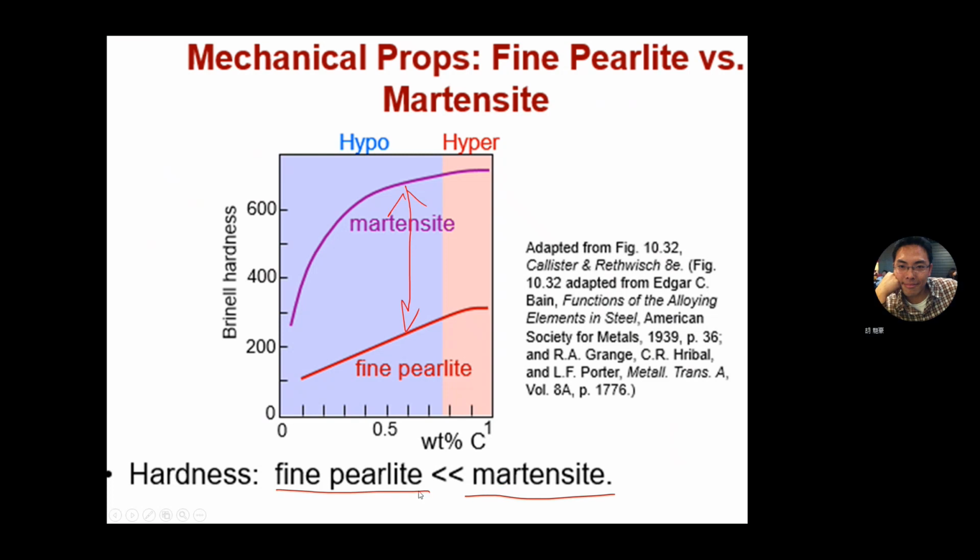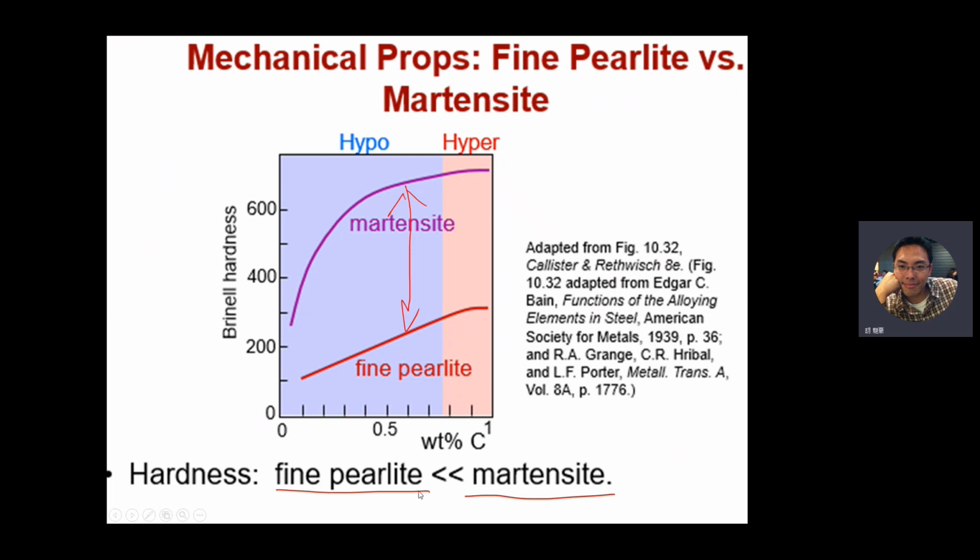So what's the approach to modify the mechanical property of martensite? As already mentioned in the previous course, by tempering, the mechanical property of martensite can be modified.